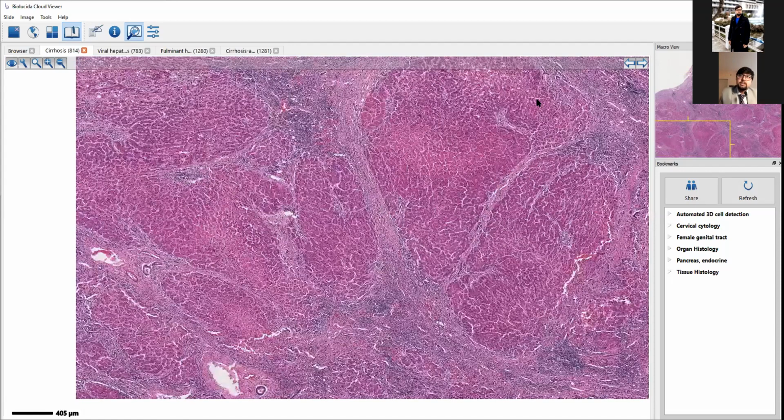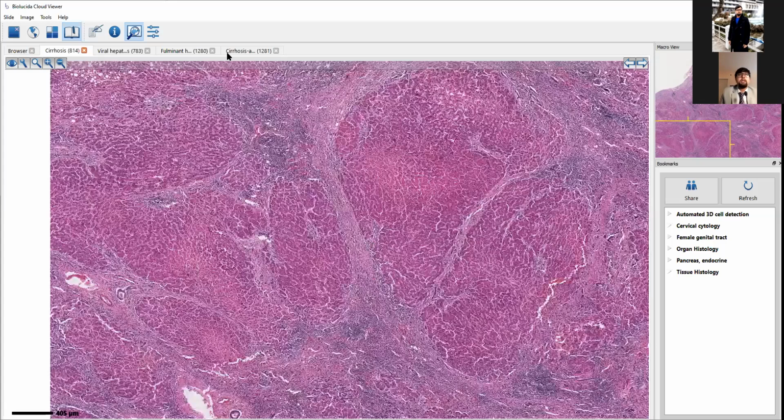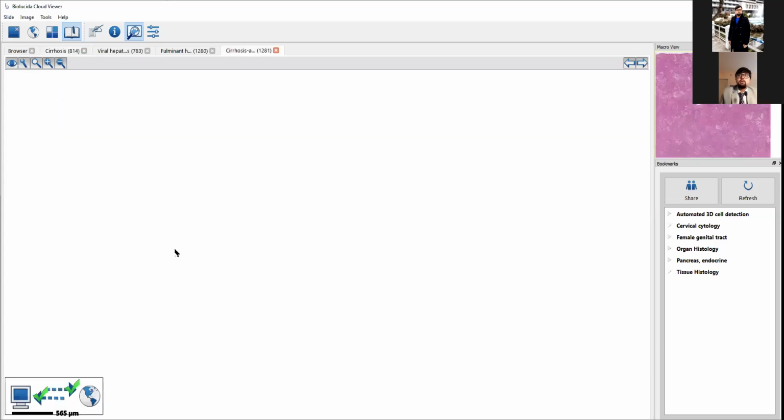Now, how do I know this is macronodular? Like I told you, this is more than 5 times the size of the nearest central vein, right? This is macronodular, right? Let's now look at the other form of cirrhosis that I've got here on this slide. We are just going to let it load for a minute.